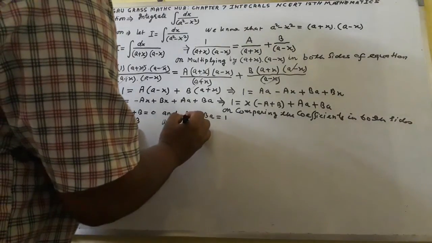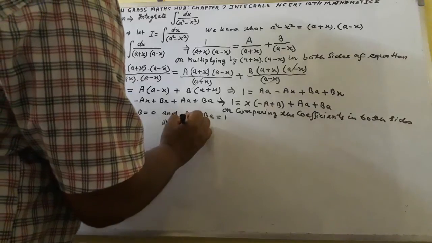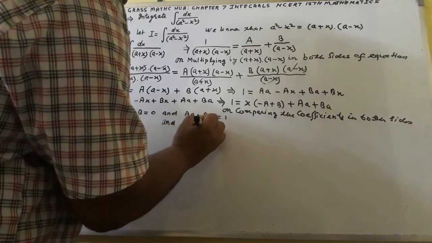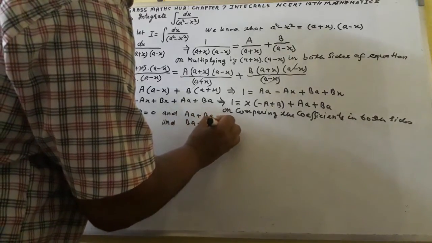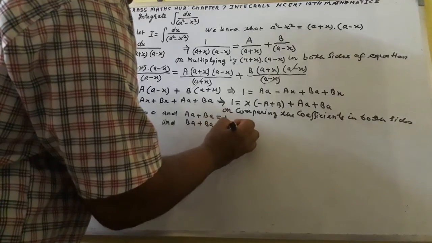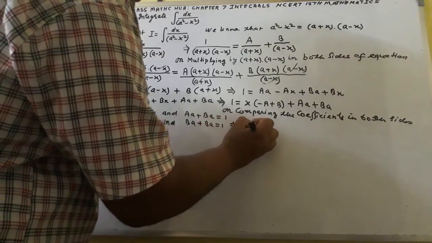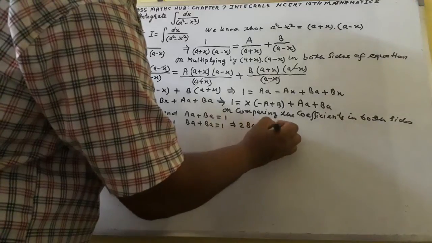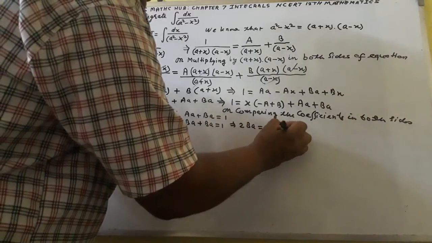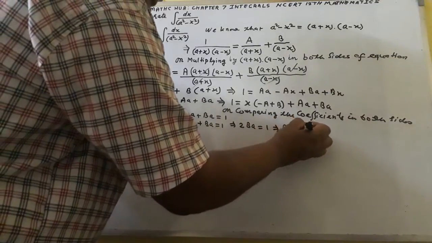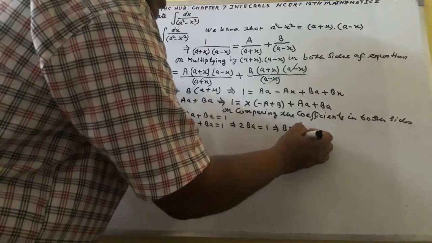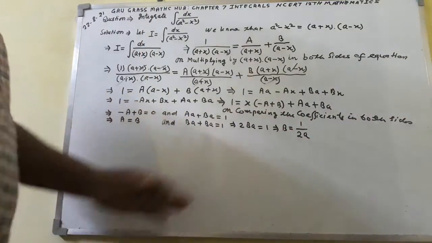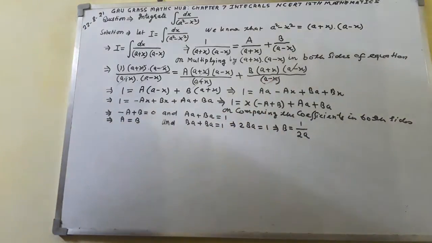So in place of A I shall write here Ba plus Ba. We will get here 1, implied that 2Ba equal to 1. Implied that B equal to 1 over 2a we shall get.